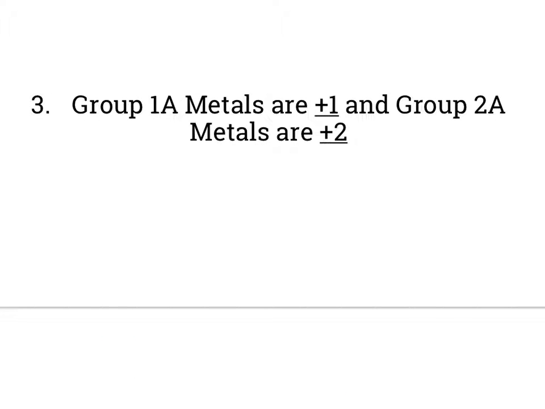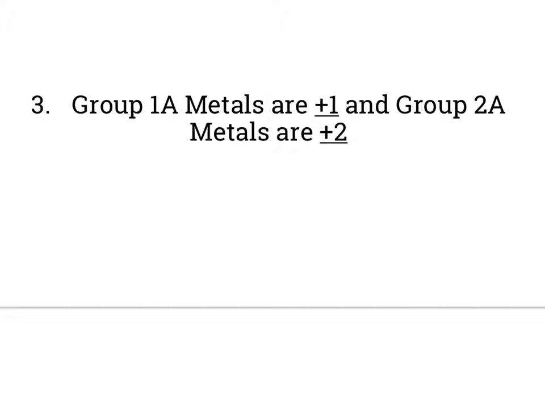Next one. So if it's not by itself, or at least not by itself with a charge, then typically it's in a group. If it's not by itself, it's got some friends. To start with, the only real elements that always have the same oxidation number are group 1A metals and group 2A metals. If you don't know what group 1A and 2A are, look at the periodic table. At the very top, the first 2 columns say 1A and 2A. There you go.